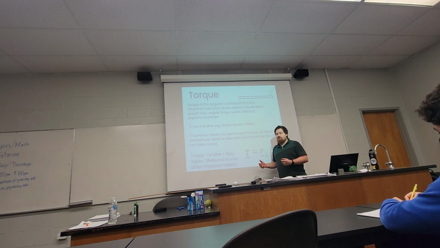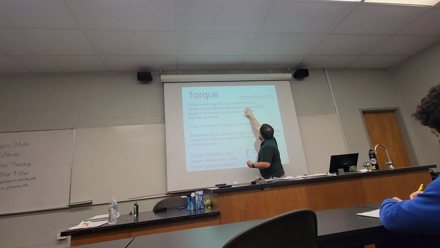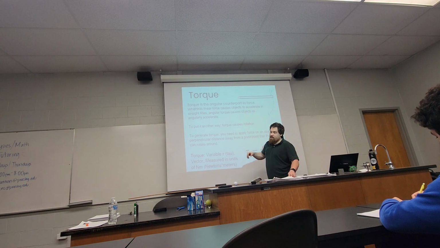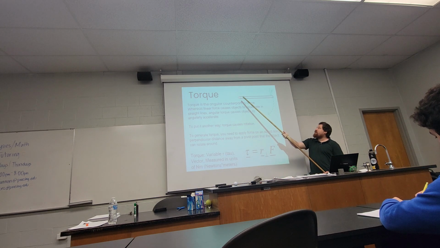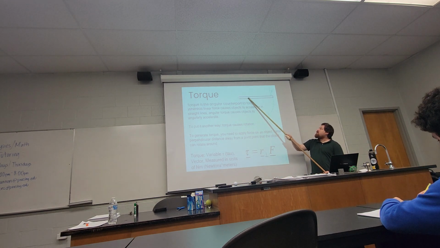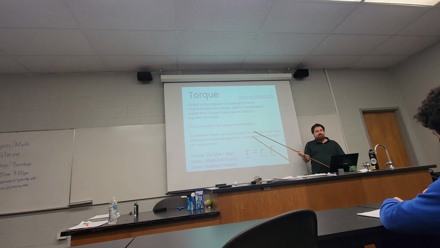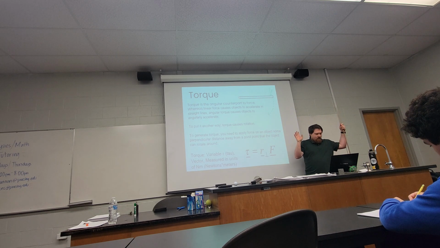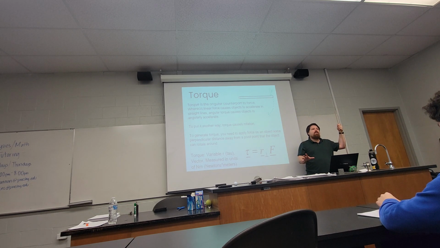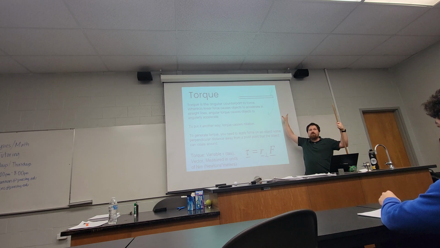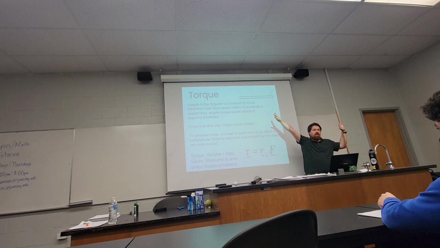And whenever you exert force some distance away from the pivot point, so the image up there is meant to be door hinge, length of the door, I'm applying force here, and the door starts spinning in this direction. Torque is what is generated when you exert that force some distance away from the hinge.